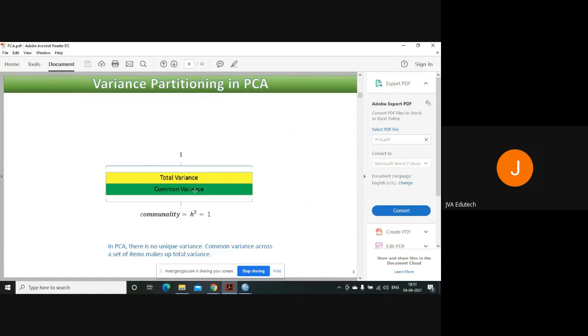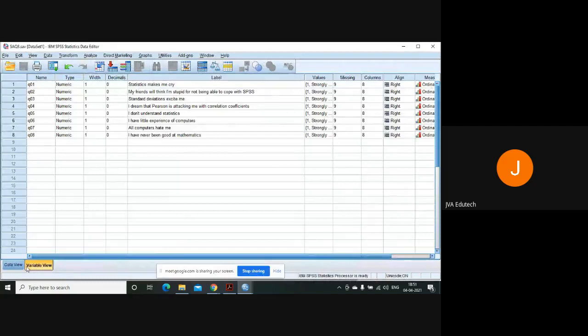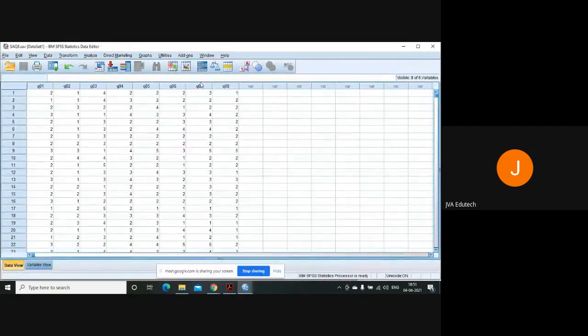Common variance alone is able to explain the total variance. Now let's see how we will do this principal component analysis in SPSS. Hopefully you are now clear about the difference between principal component analysis and exploratory factor analysis.